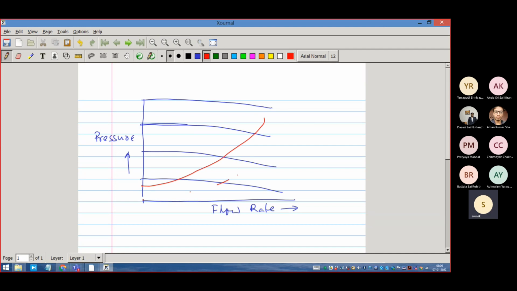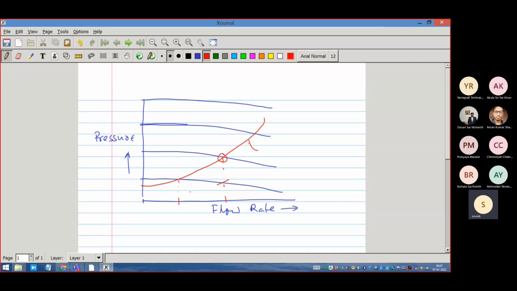So you can see that for every flow rate, we are running it at just the optimum value of pressure. We are not wasting any pressure in the throttle.